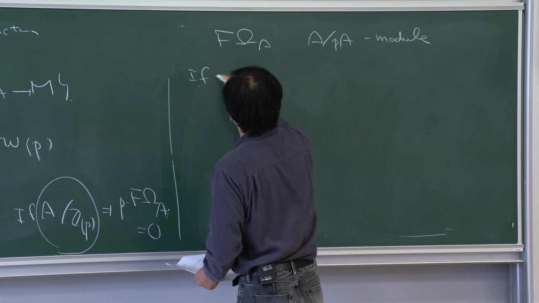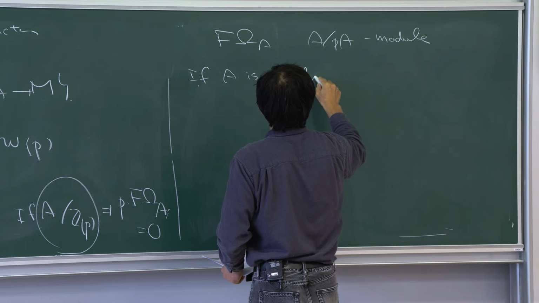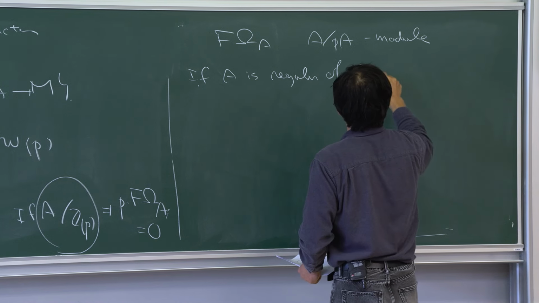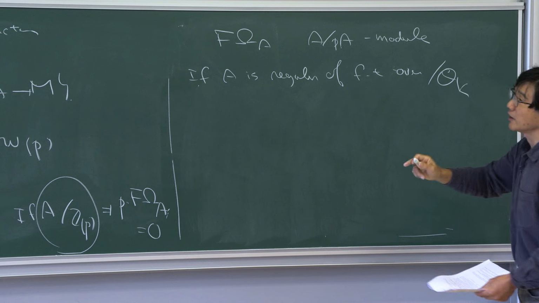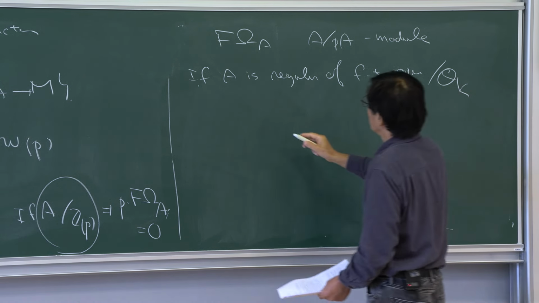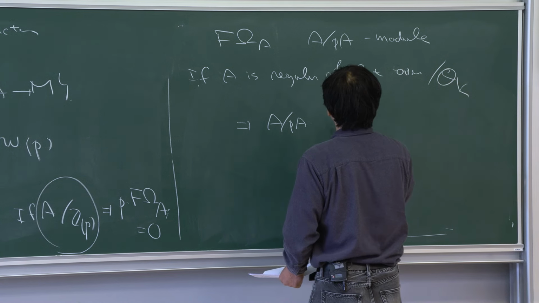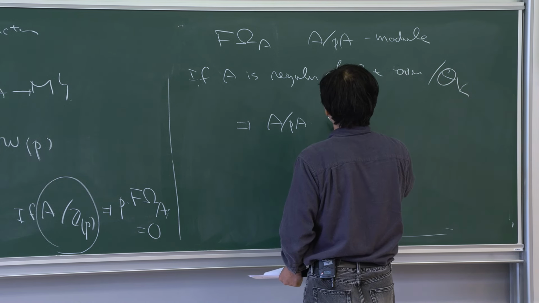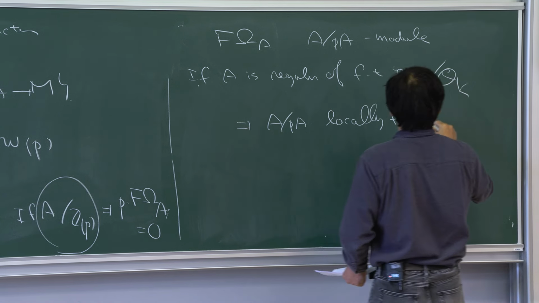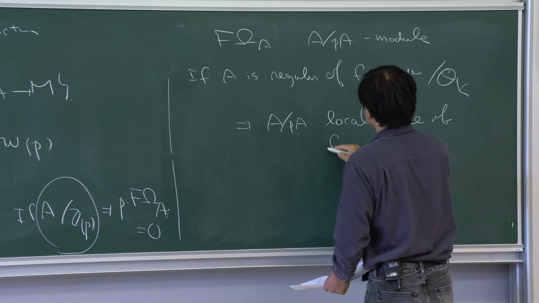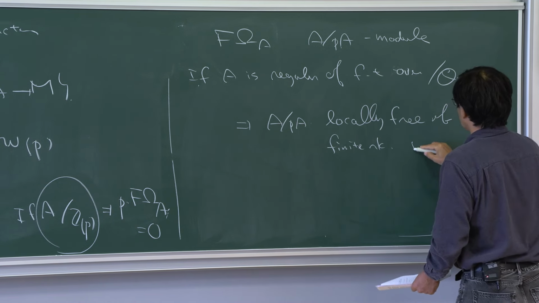And if A is regular of finite type over the base, then this is locally free of finite rank. You mean F omega A is locally free of finite rank? Yes, thank you.